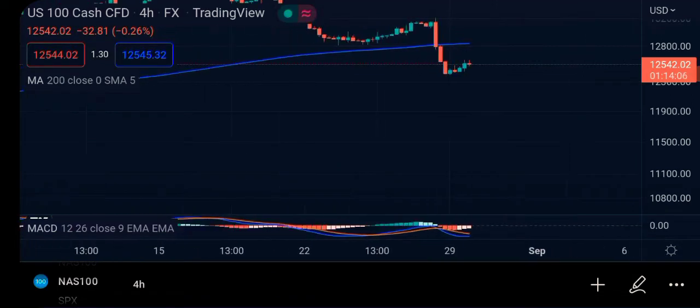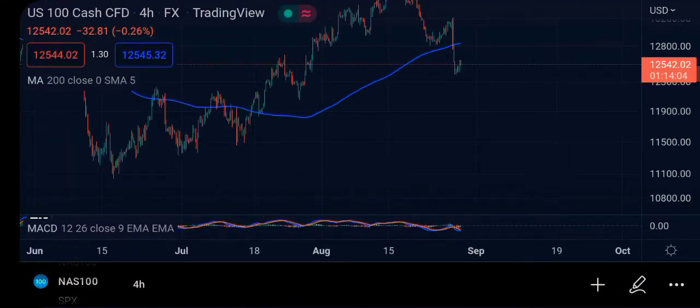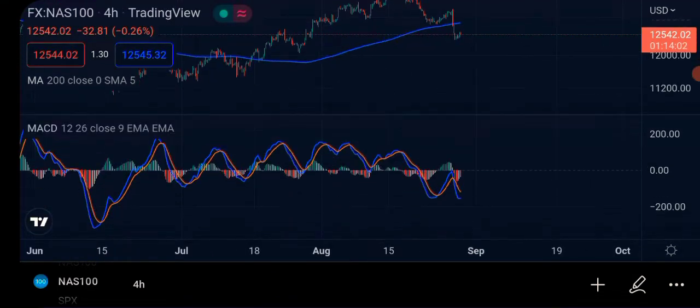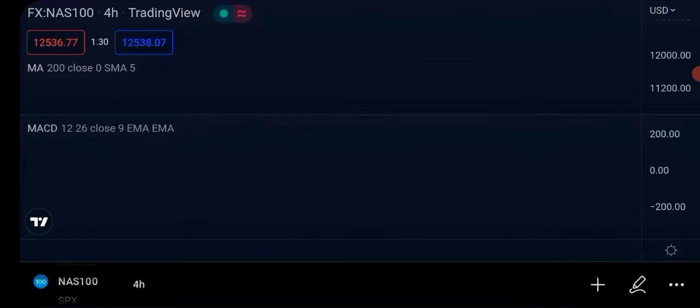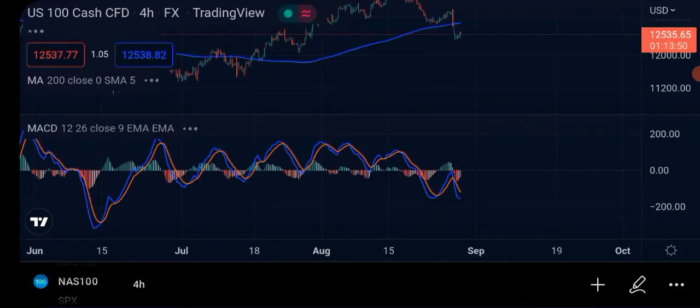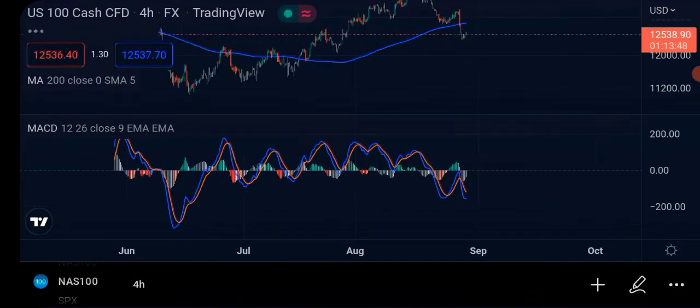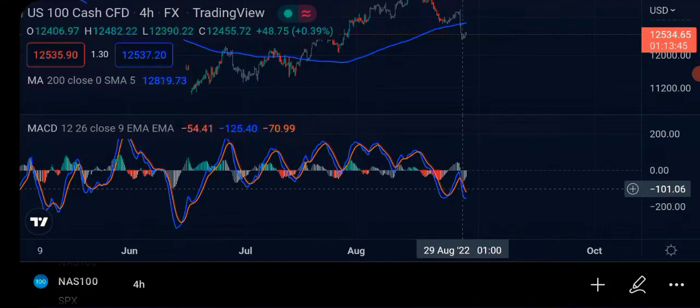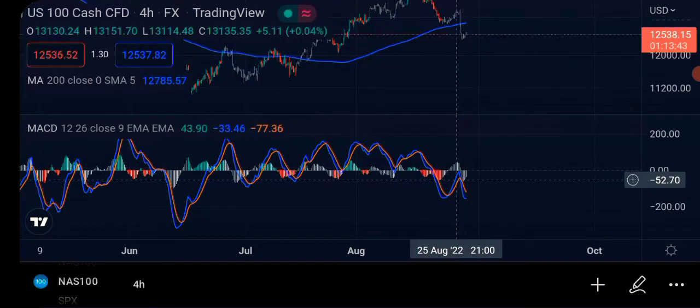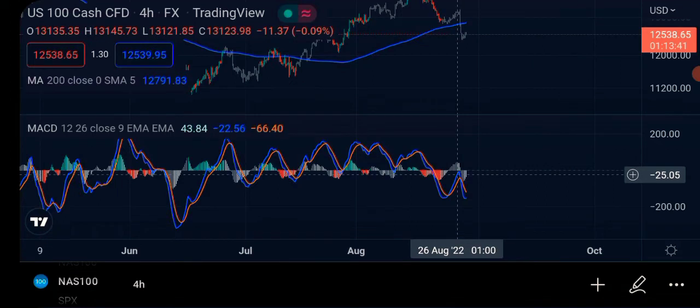Now we can't say that since the MACD crosses here, this is a good time to enter the trade.